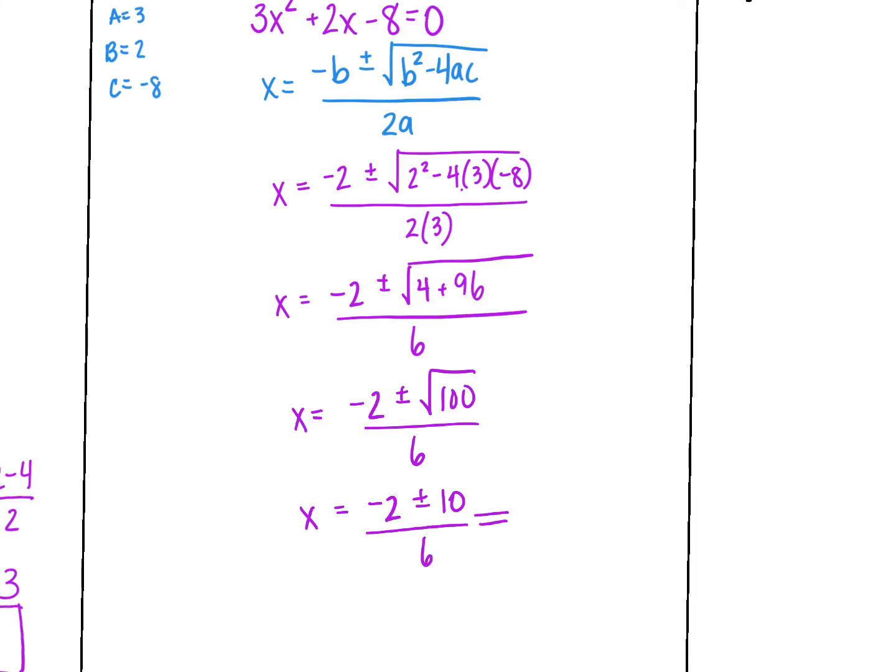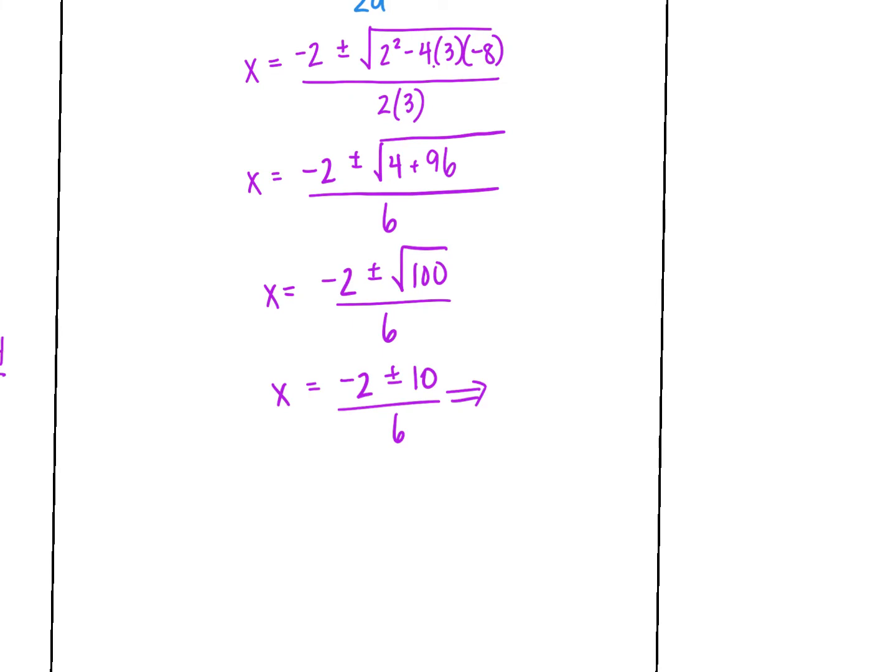Now, this is where you get your 2 solutions, and you're going to have to simplify. So negative 2 plus 10 over 6, and negative 2 minus 10 over 6. So this is going to give us 8 over 6. 8 over 6 reduces to 4/3. And then for this one we get negative 12 over 6, which reduces to negative 2.